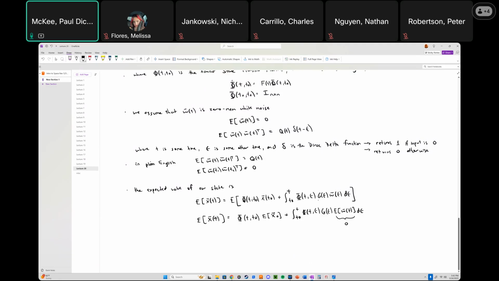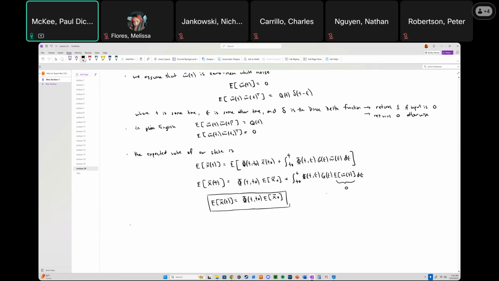So what we can say is the expected value of our state in the presence of white noise is just going to be phi from t naught to t times the expected value of our initial state. There we go. So this is an important intermediate result that we will be coming back to. Okay. Now let's turn our attention to covariance.